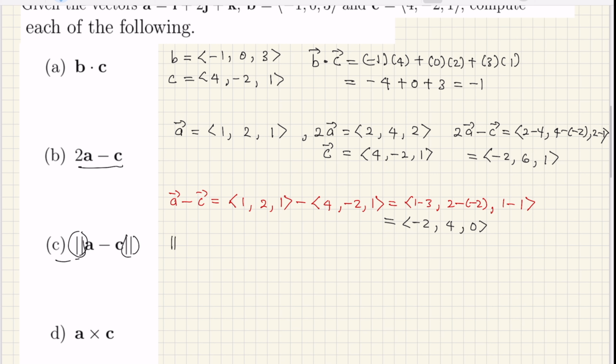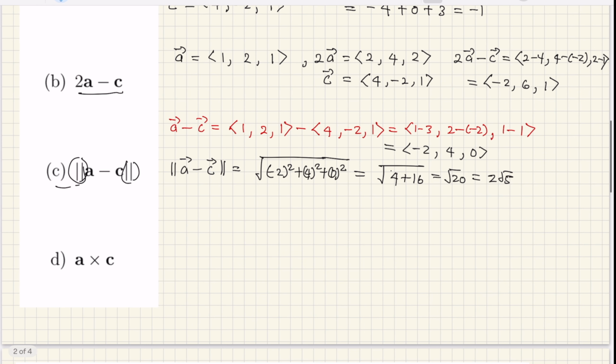The magnitude of a minus c is going to be the square root of -2 square plus 4 square plus 0 square. So you end up having the square root of 4 plus 16, which is square root of 20, or you can write this as 2 square root of 5.